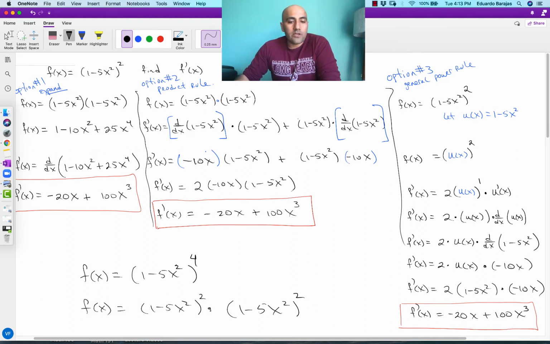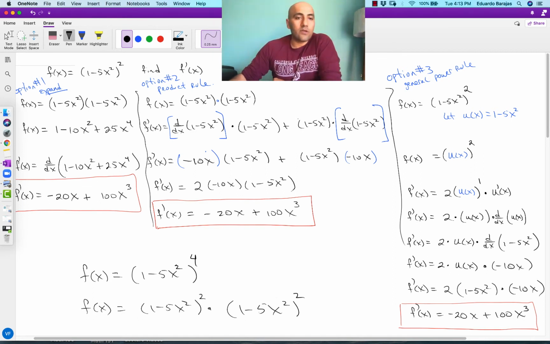And then, well, we already know the derivative of one of these since it's this. But one, that relies on you already knowing this. And 2, that's still a lot of work. So you'll see that the general power rule is really the best way to go.